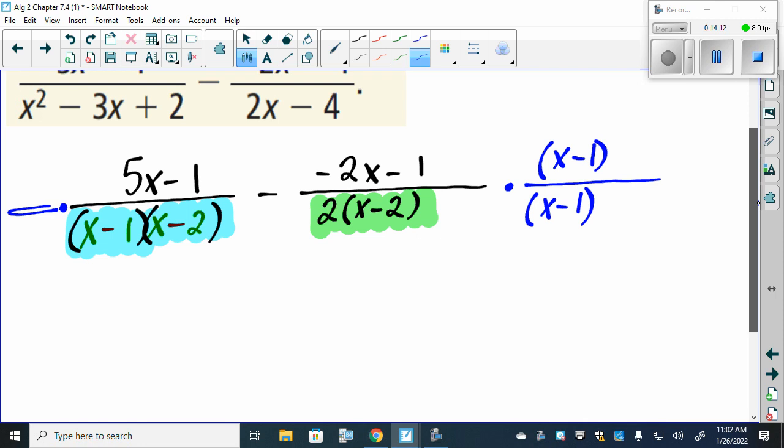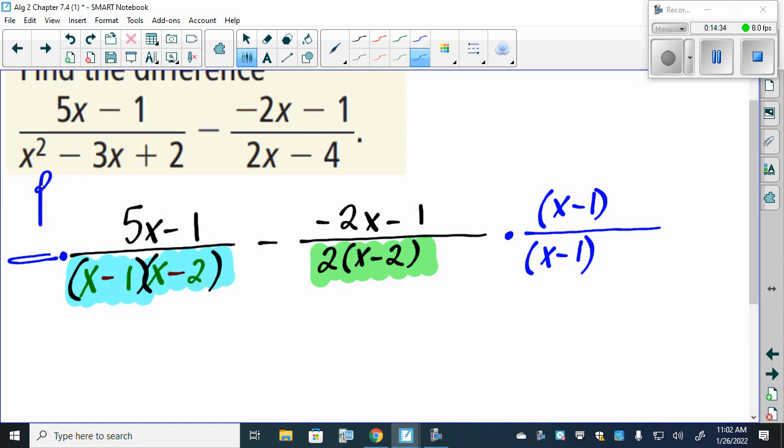But that's all that the x minus 1 times x minus 2 has that the 2 times x minus 2 doesn't? It's just the 1? Yeah. So let's go the other direction. What does 2 times x minus 2 have that the x minus 1 times x minus 2 doesn't? The 2. So we're going to multiply top and bottom by 2 over 2.